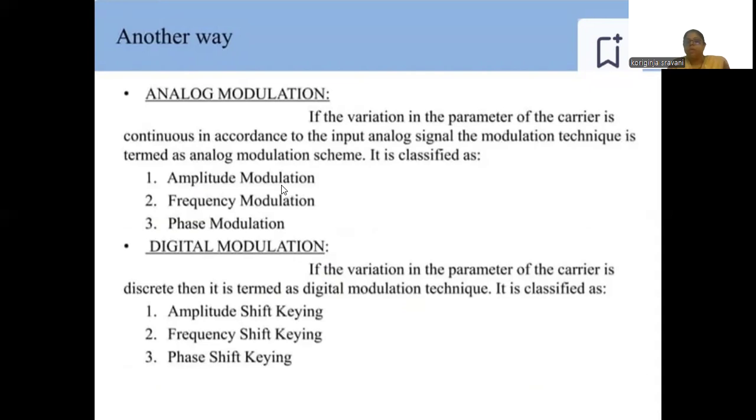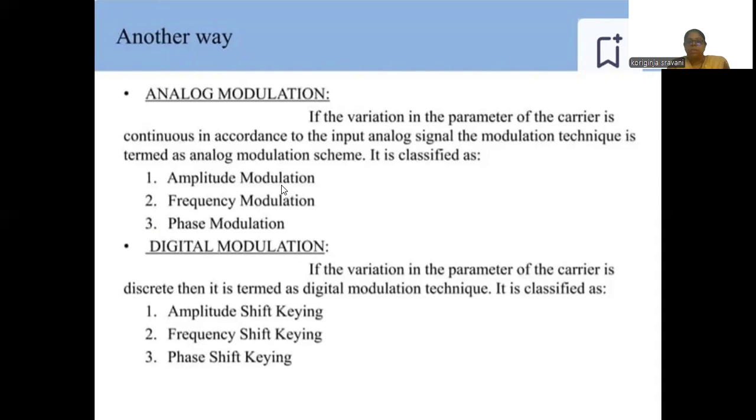Whereas in analog modulation, the message signal is a continuous waveform. In analog modulation, we have amplitude modulation, frequency modulation, and phase modulation. While coming to digital modulation, we again have three types: amplitude shift keying, frequency shift keying, and phase shift keying. Amplitude of the signal is going to vary, frequency of the signal is going to vary, phase of the signal is going to vary.